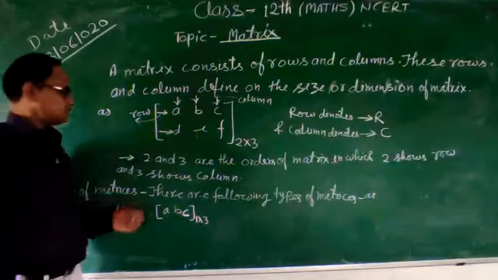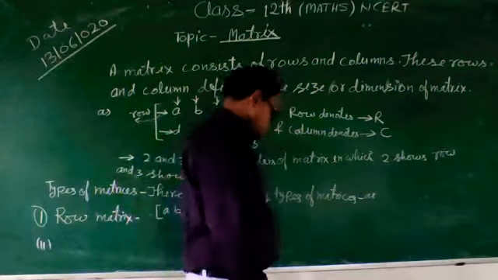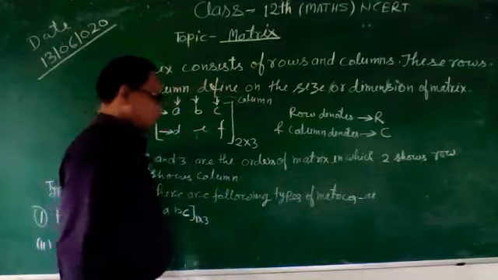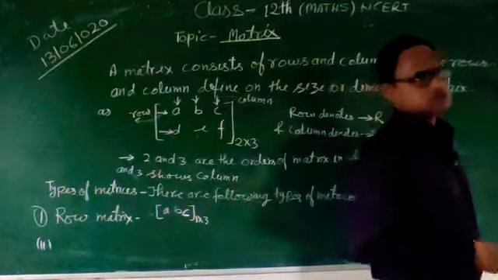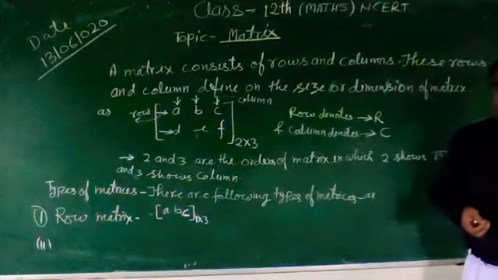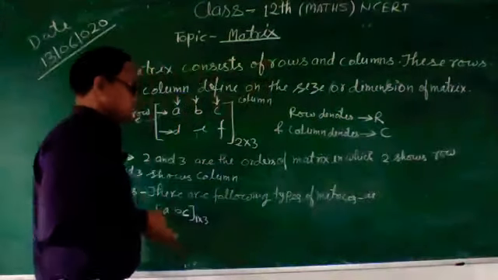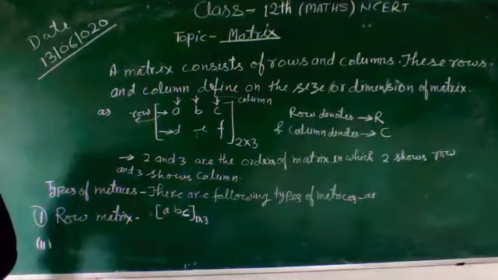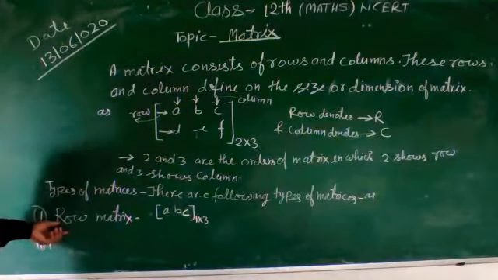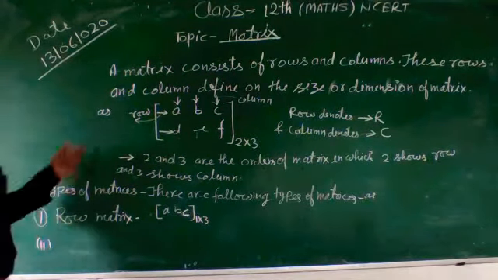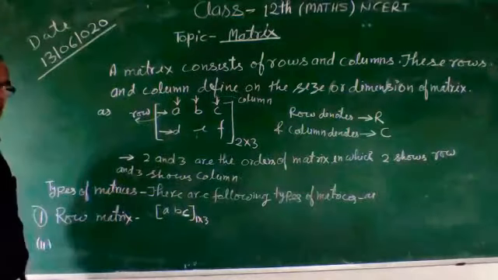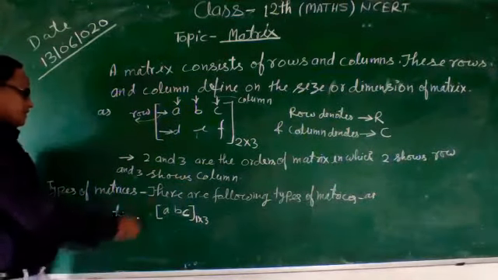Types of matrix. There are different types of matrix. In the first case, row matrix.